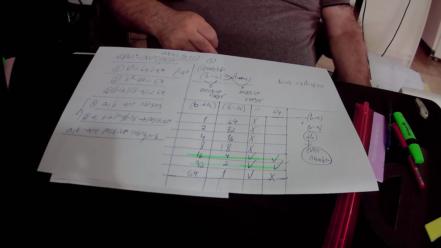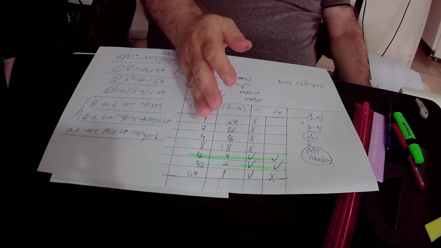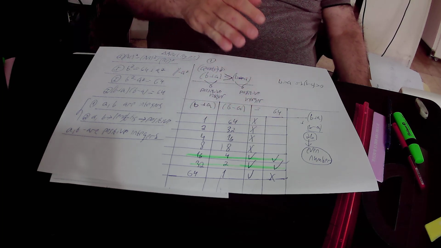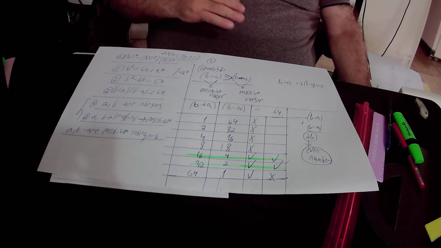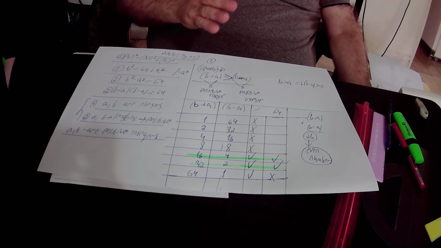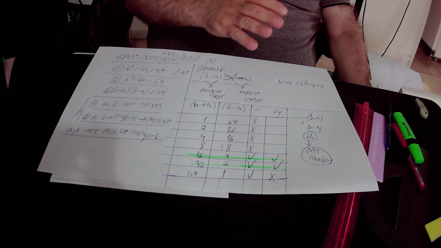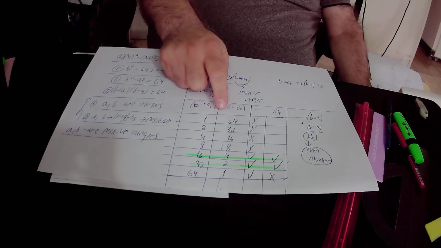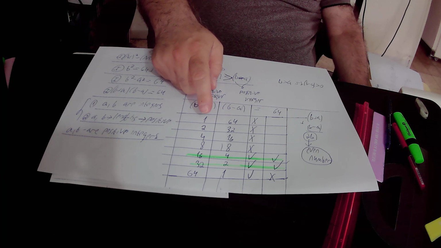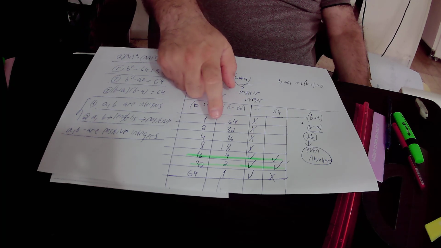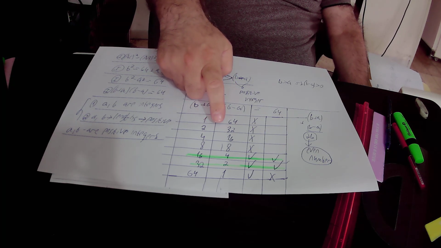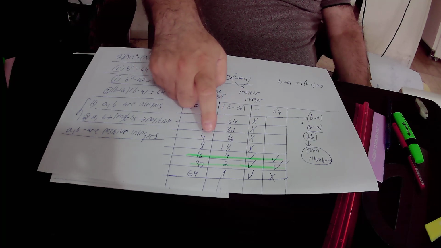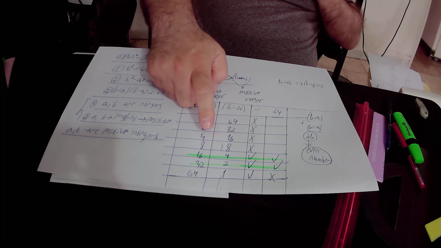So all the possibilities that do not give a first column greater than the second column are not valid, and we will cancel them, because the first column, b plus a, must be greater than the second column, b minus a. Here 1 is not greater than 64, so we cancel it. 2 is not greater than 32, cancel. 4 is not greater than 16, cancel. 8 is not greater than 8, so we cancel it.